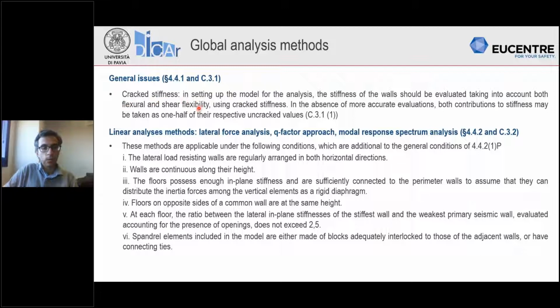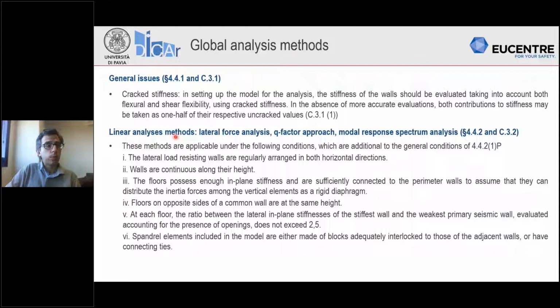So you are required, or at least it is suggested, to use in the model crack stiffness, both for flexural and shear stiffness. In absence of accurate evaluation, you are required to use a crack stiffness equal to 1/2 of the corresponding uncracked stiffness.